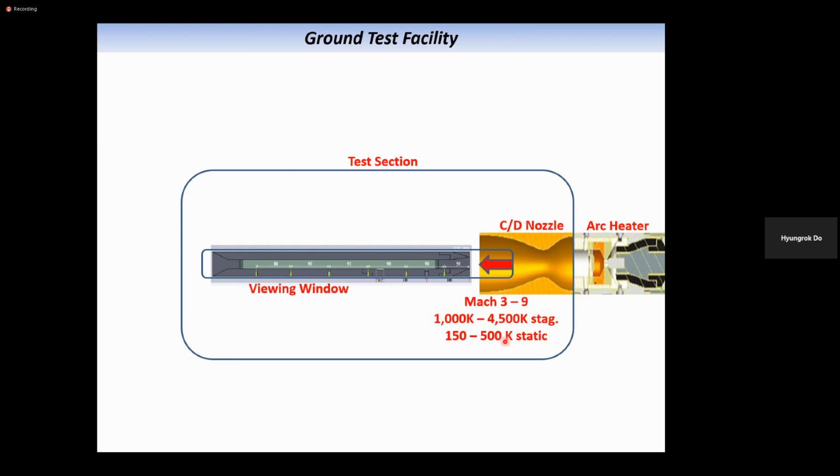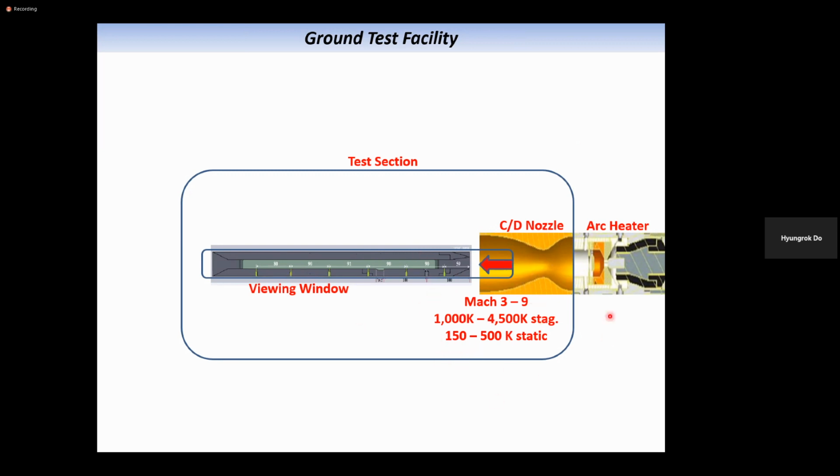It is quite a cold condition, and the pressure is much lower. At 30 kilometers from the ground, the pressure in the atmosphere is only 1 to 2 kilopascal. You know, one atmospheric pressure is about 100 kilopascal, so this is much less than that. It's quite low pressure. And at low pressure, at low temperature, the gas is flowing at Mach 9.